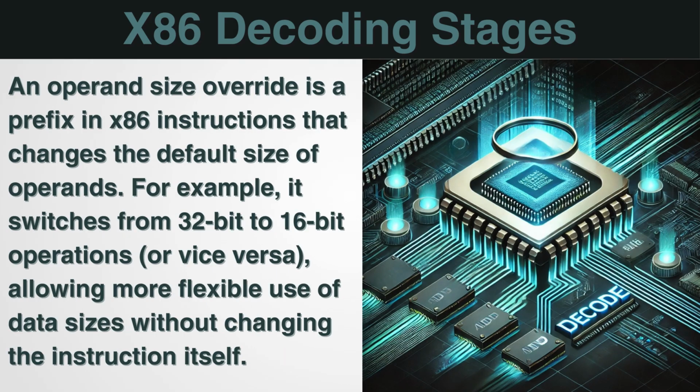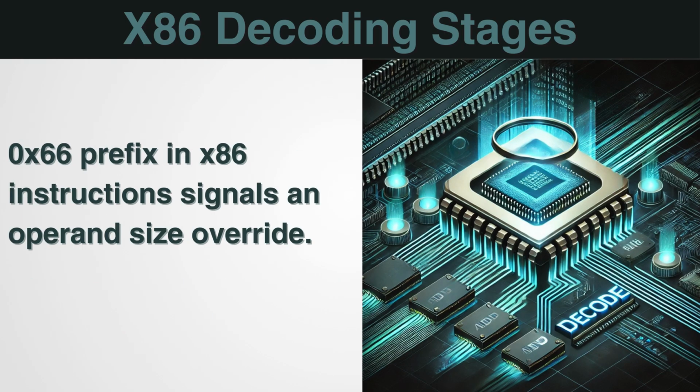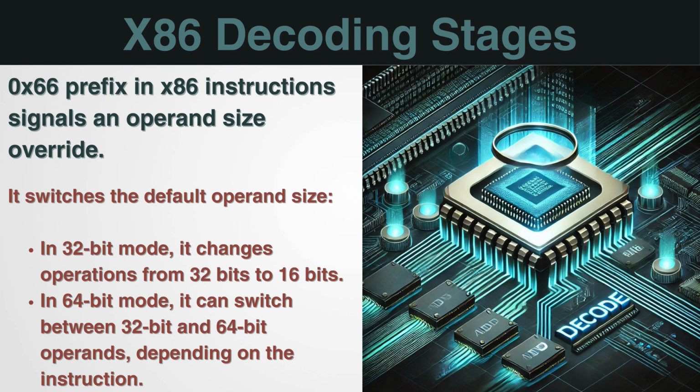For an operand size override, x86 instructions typically default to a specific operand size based on the operating mode, like 16-bit or 32-bit or 64-bit. Operand size override prefixes allow the CPU to use a different operand size than the default. So the 66 prefix signals operand size override. It switches between 16-bit and 32-bit operand sizes in legacy mode and between 32-bit and 64-bit sizes in 64-bit mode.